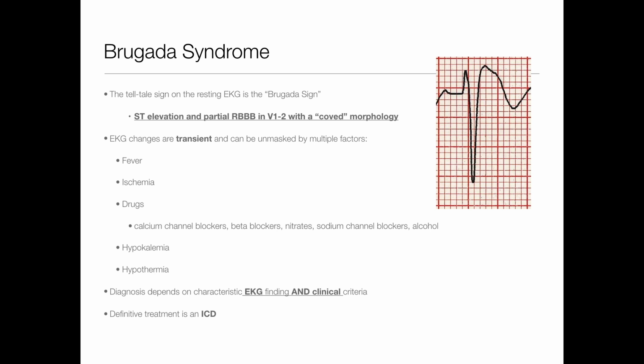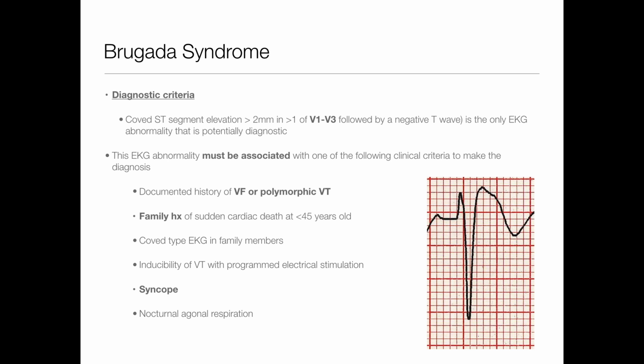So the diagnosis of Brugada syndrome is based upon two things. You have to have the characteristic EKG finding called the Brugada sign, the one that you see here on this page, and some clinical criteria. And so that means that they've had some symptoms like this.